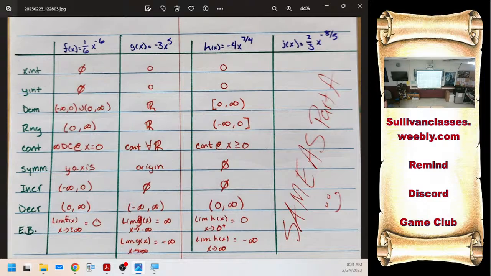Okay? So, A and B, the first and last ones, were the exact same. The functions weren't the same, but all of their stuff was the same because they were both different variations of the butt crack graph. Ignore my scribble down there where F became G in the limit.